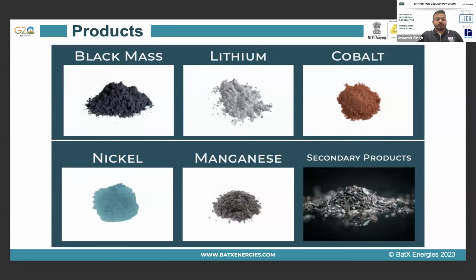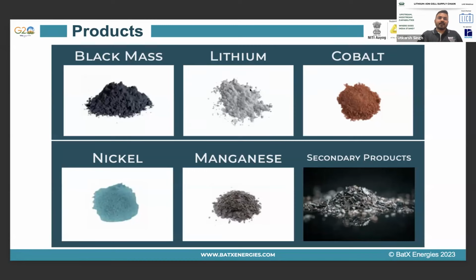India right now is one of the largest producers of black mass. But I think this year, 2023, we are going to see recyclers pivoting from black mass production to the extraction of these salts.